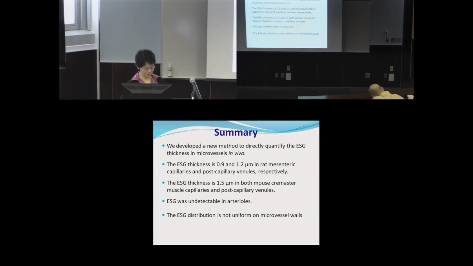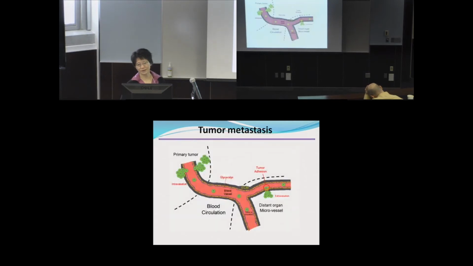You see there's a significant amount of surface glycocalyx in the capillary and the post-capillary venule of rat mesentery and mouse cremaster muscle. Okay, now this is my second part you're interested in: tumor metastasis. I think probably everybody in this room knows the cascade of tumor metastasis.